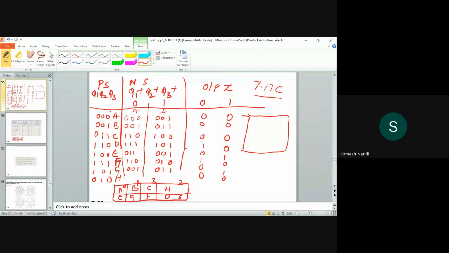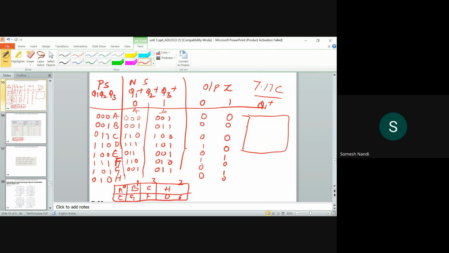if you just draw the K-map, just a second. If you draw the K-map for, say, Q1 plus, for the next state Q1 plus. Look here, 0 0 0 0.